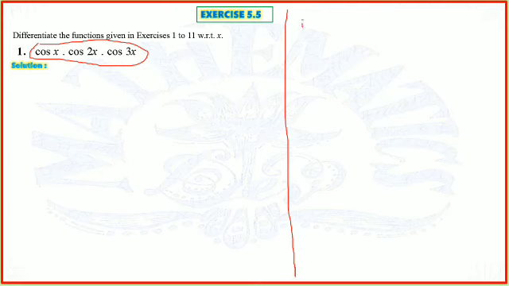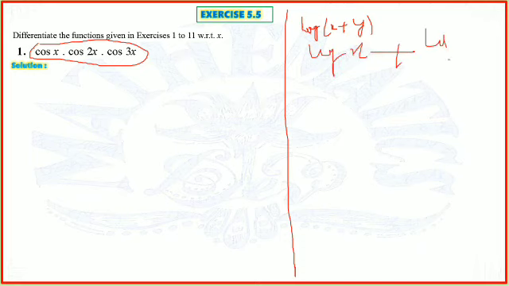Before the properties even, I would like to tell you that you cannot do this particular thing with the log. For example, you have x plus y and you are about to take log, then you cannot write it this way, log x plus log y. That means log is not distributive.